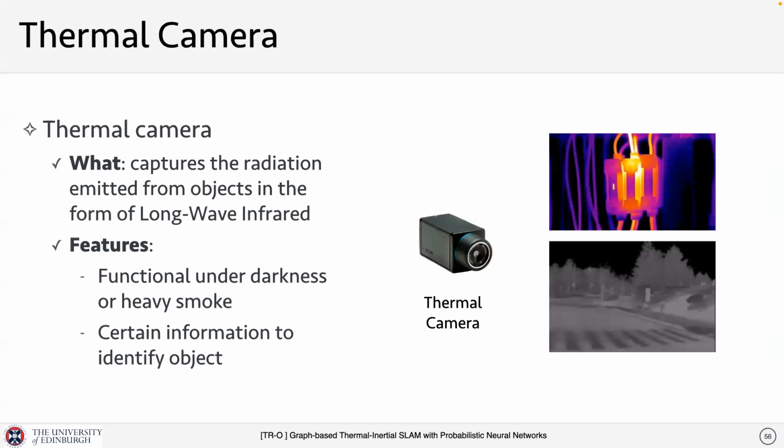The question you may ask is why thermal cameras, if you have the radar. Well, by capturing the radiation emitted from objects, thermal cameras can function very well under darkness or heavy smoke. And if the temperature field is distinctive enough, thermal cameras can embed sufficient semantic cues about the environment in the captured images.